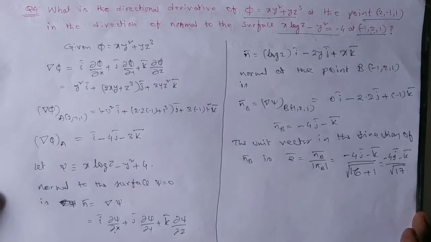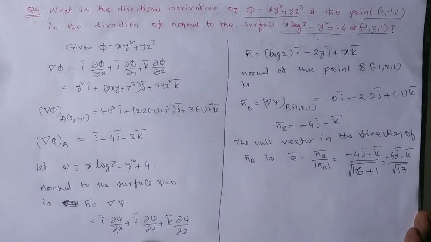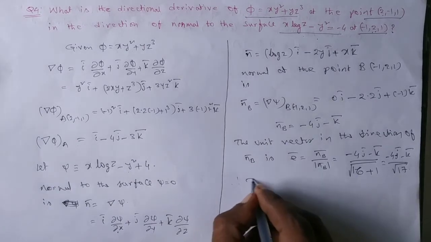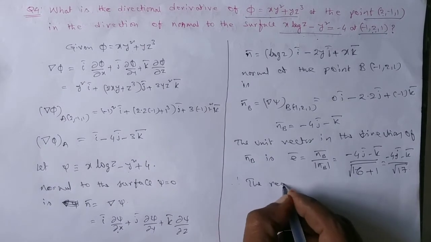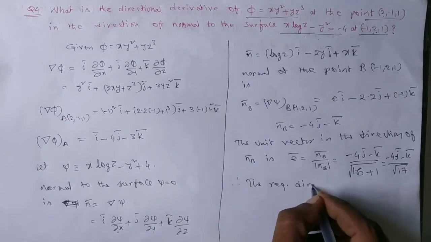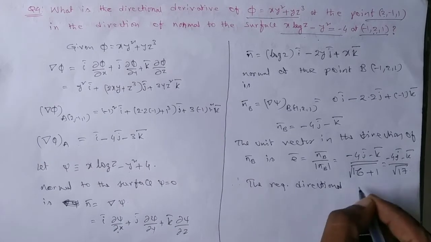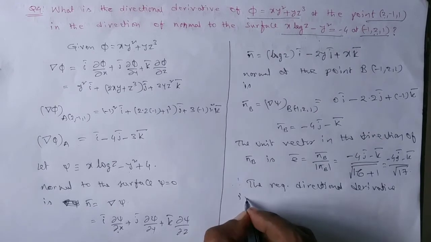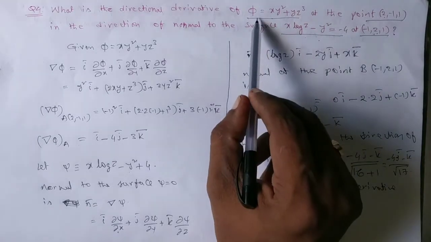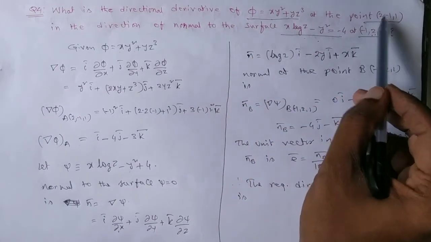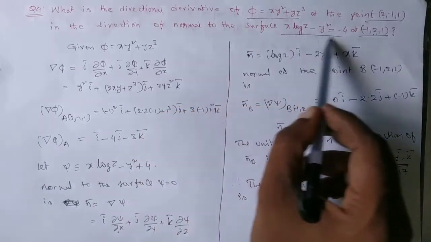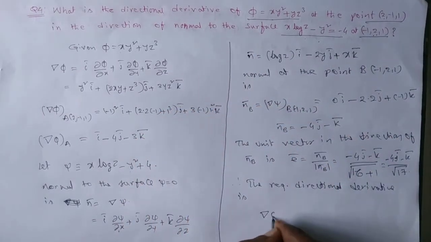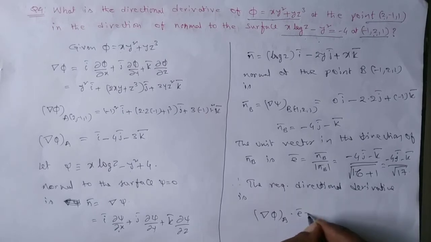Therefore, the required directional derivative, which means the directional derivative of this function at this point in the direction of normal to this surface is gradient of phi at that point A dot e bar.